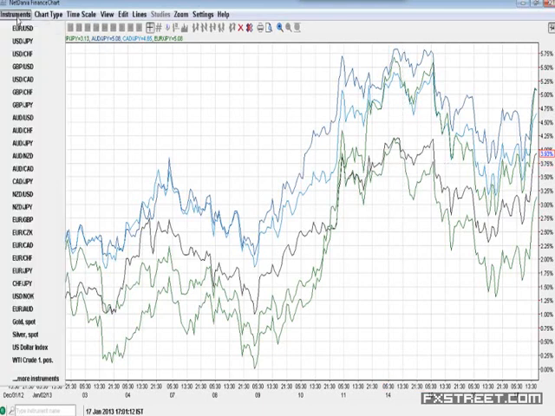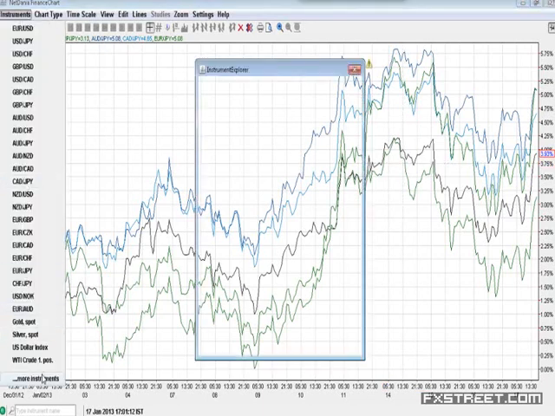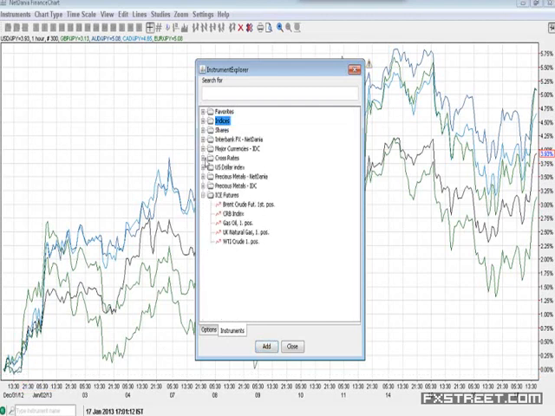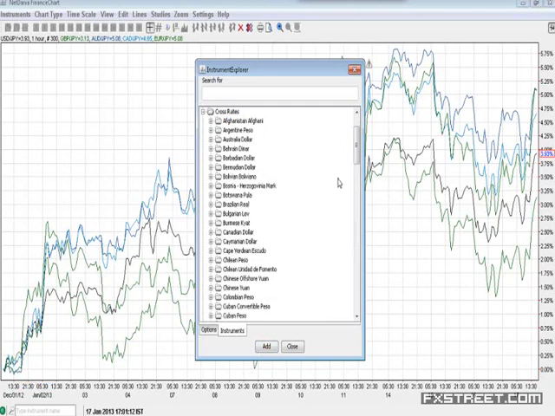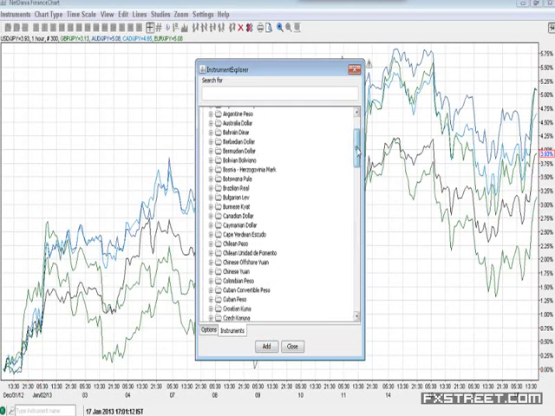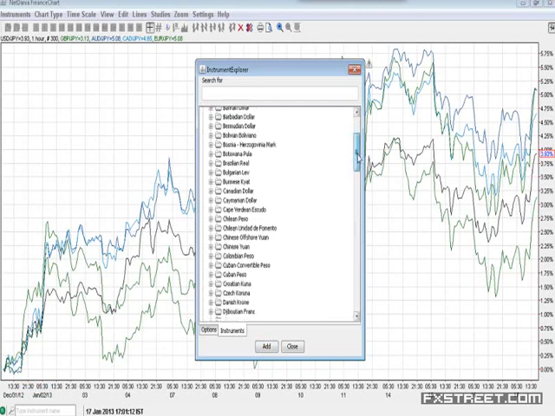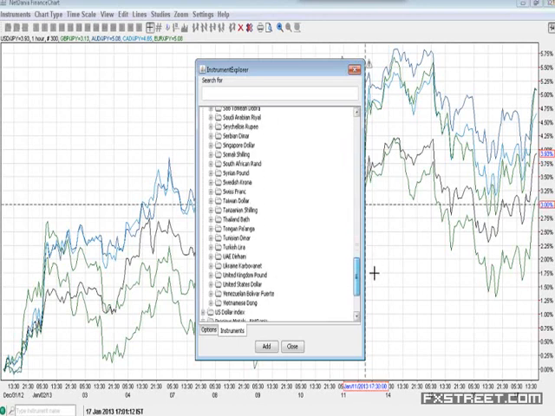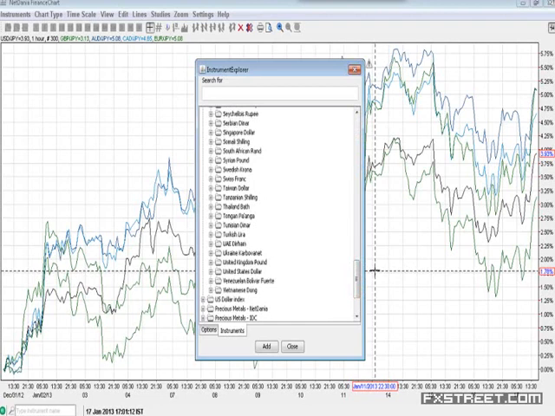Now, let's have a look at USD ZAR. Okay, just one moment. We have cross rates. Doesn't look like it over here.